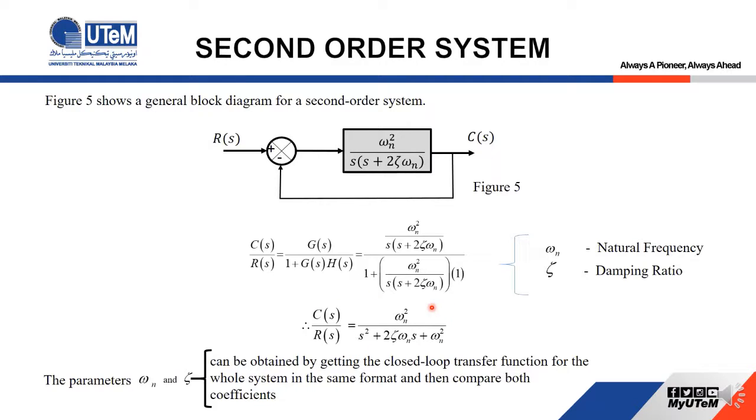The parameters omega n and zeta can be obtained by getting the closed loop transfer function for the whole system in the same format and then comparing the coefficients. After we get the transfer function for the system, we can compare it with this general equation to get the values of zeta and omega n.